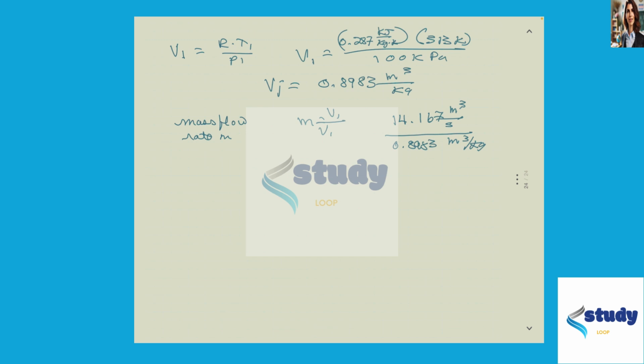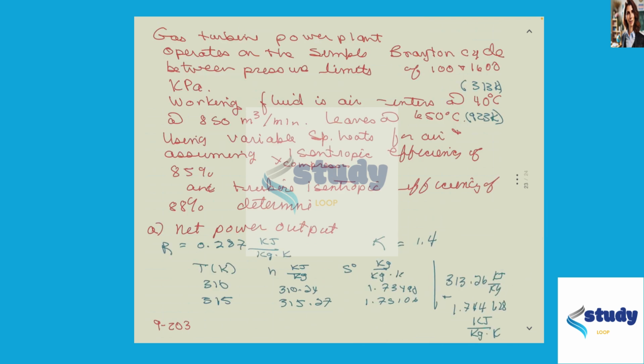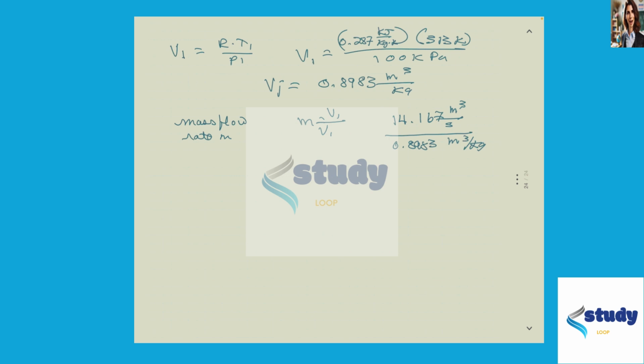Hang on just a second here. And I want to go back here, my 850. This is my 14.167 meters cubed per second. So I just divide that by 60. Okay, let's see here.